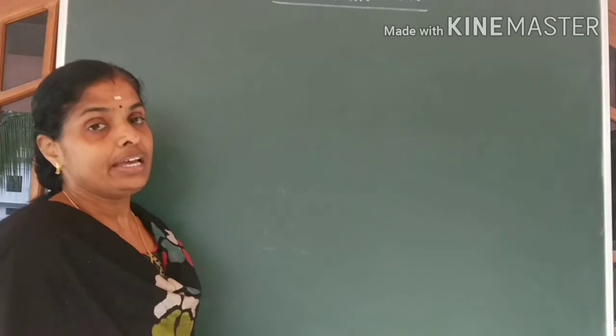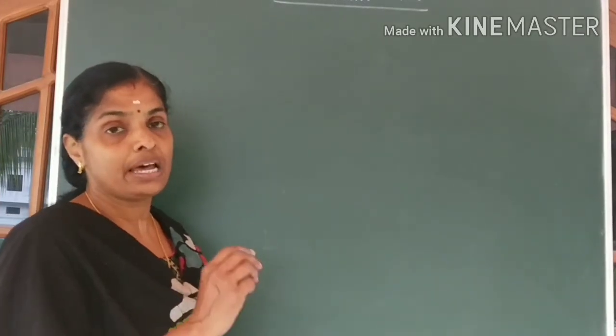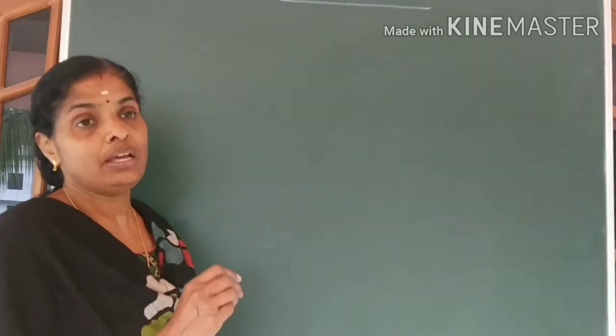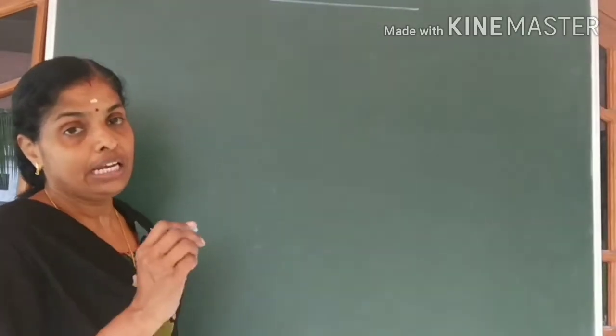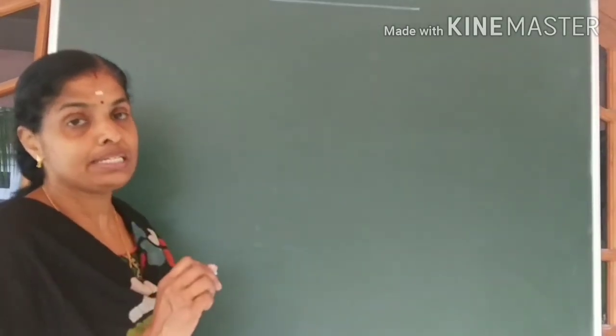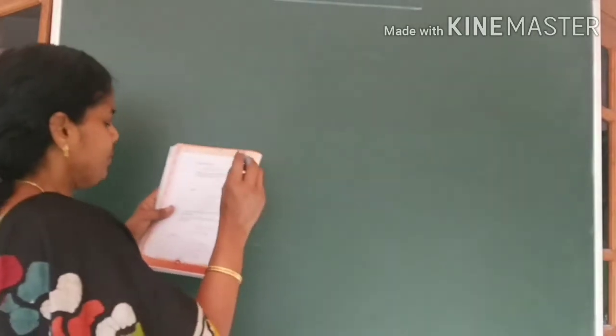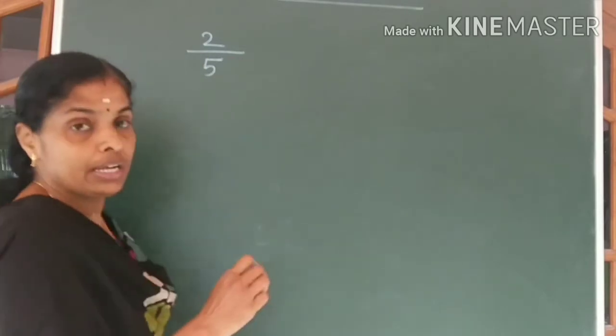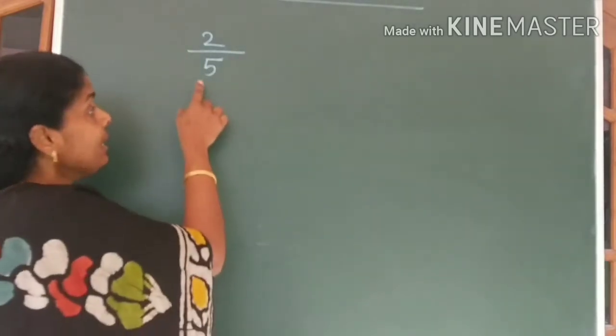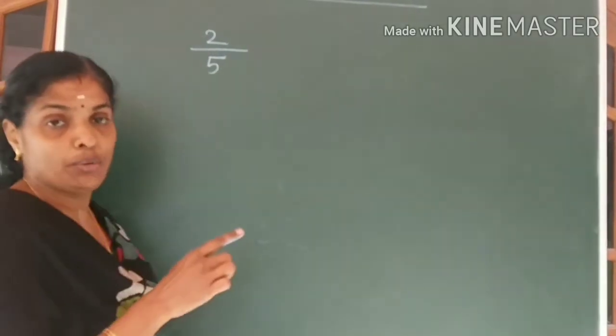See children, if the denominators are not powers of 10, we can convert them into powers of 10. Look at one or two examples. Here you are given 2 by 5. Look at the denominator. You have 5 in the denominator.